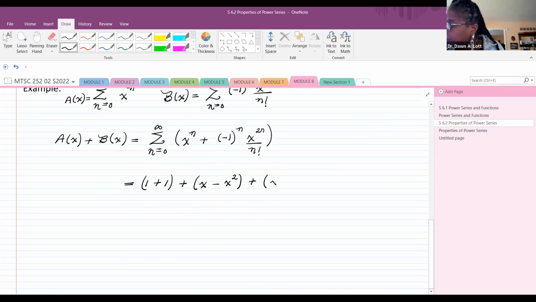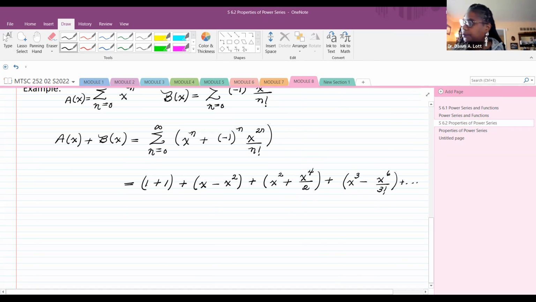X squared. And then this is going to be x to the 4th over 2 factorial. And then the next term would be x cubed, and it's going to be minus x to the 6th over 3 factorial plus dot, dot, dot.